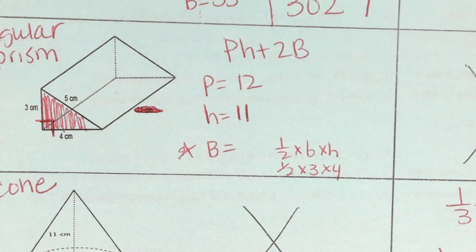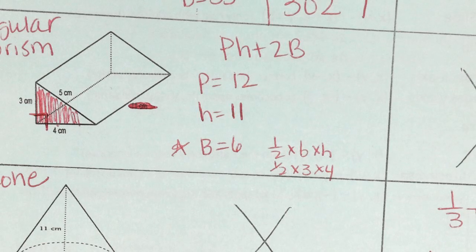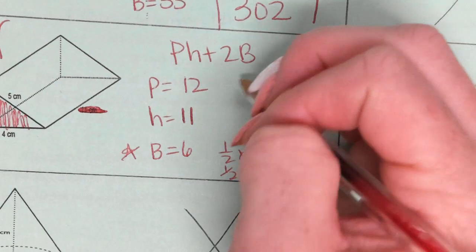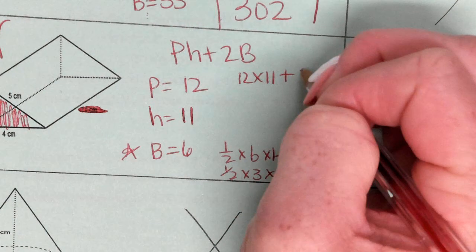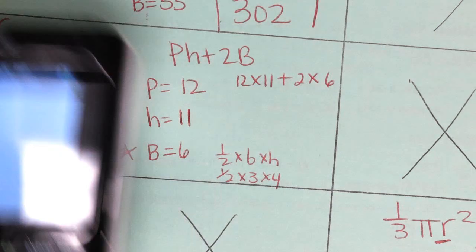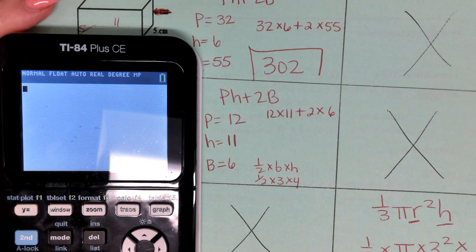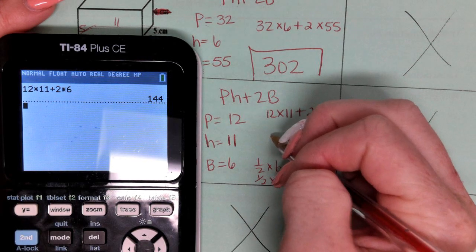What's half of 12? 6. Could you do that in your calculator? Yes. So I'm doing P times H plus 2 times B. Which is, I think, 144, yes?